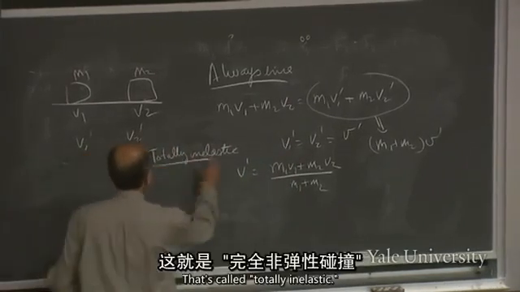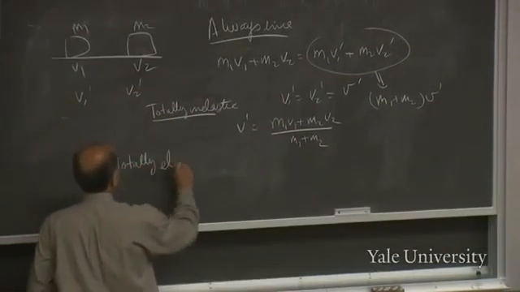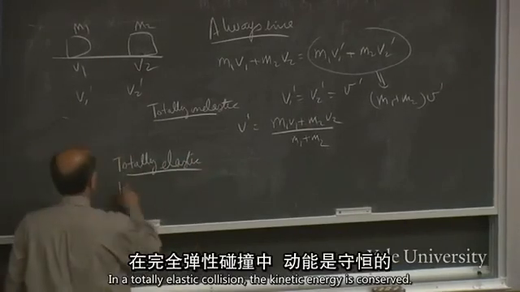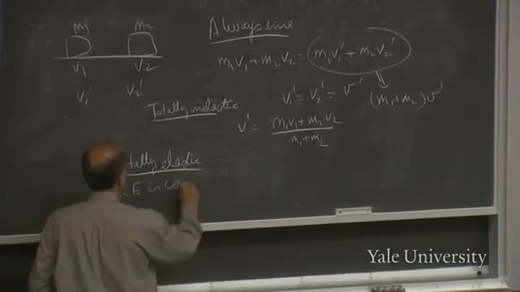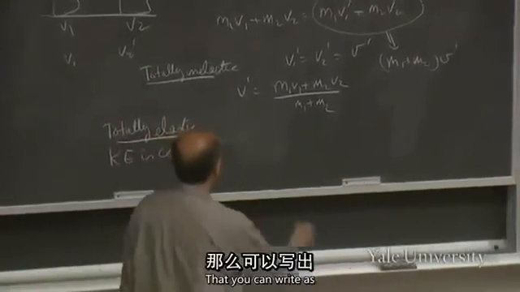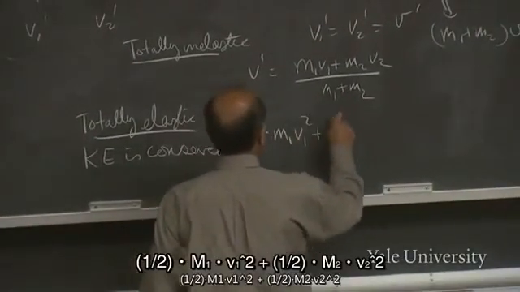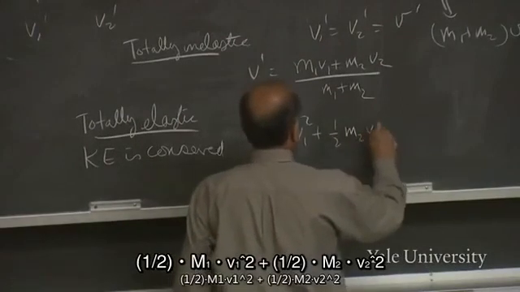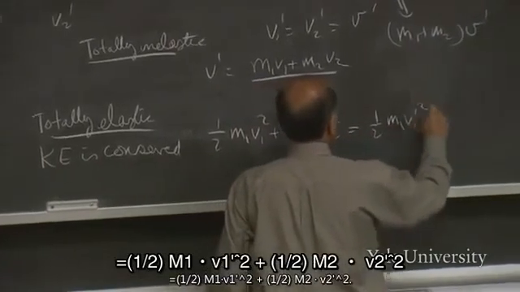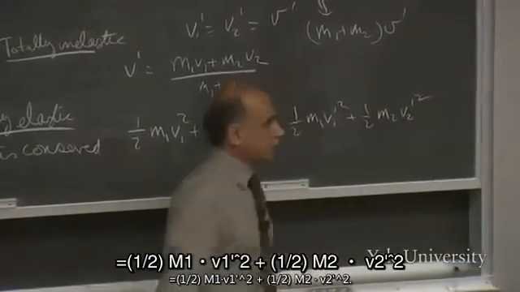That's called totally inelastic. The other category is called totally elastic. In a totally elastic collision, kinetic energy is conserved. That you can write as the following relation involving quadratic things: 1/2 m1 v1 square plus 1/2 m2 v2 square is equal to 1/2 m1 v1 prime square plus 1/2 m2 v2 prime square.